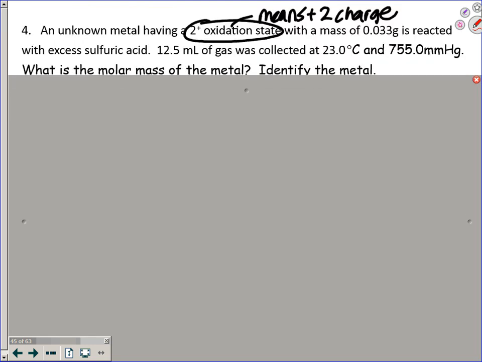There was one word that maybe threw you off. The word oxidation state just means that it has a 2+ charge. First, tell me, how did you write this reaction? You were supposed to look ahead and get started. Maybe you should write the reaction real fast.